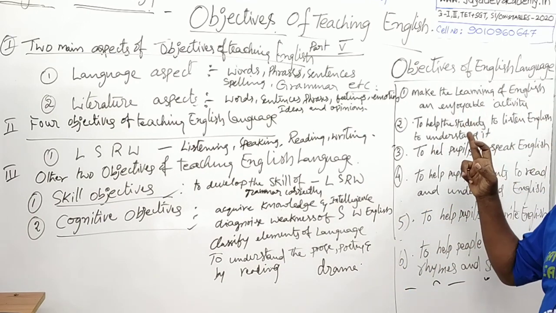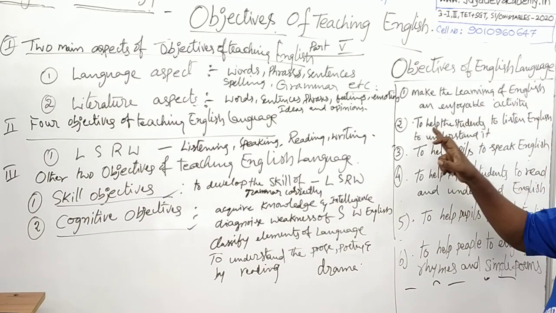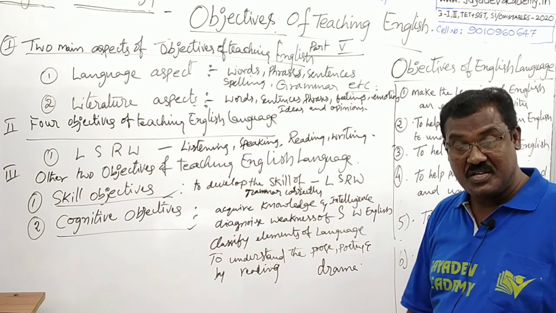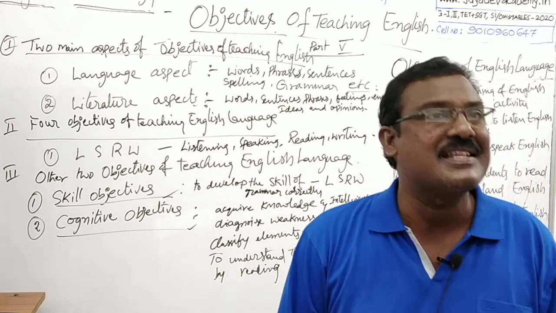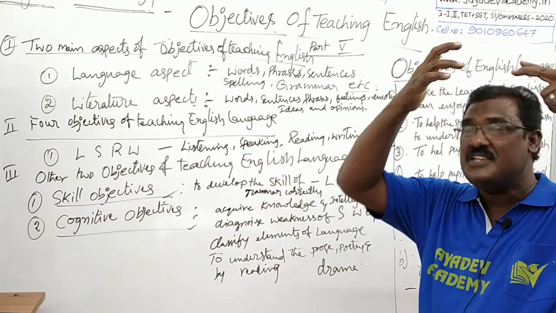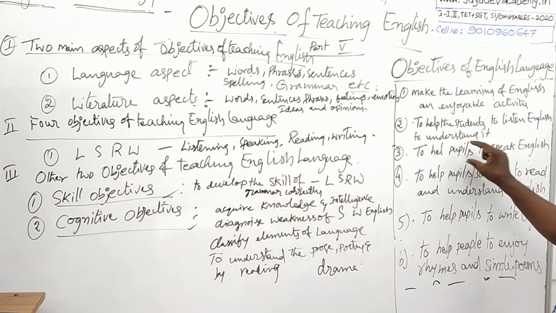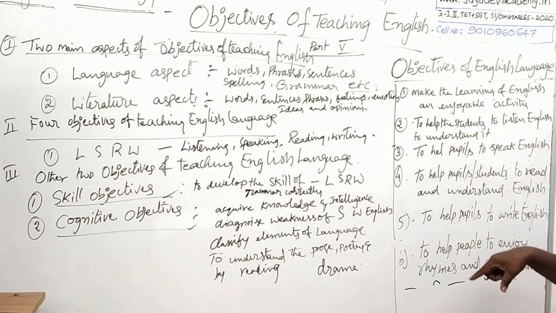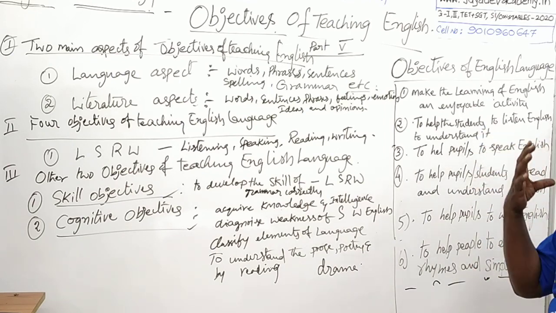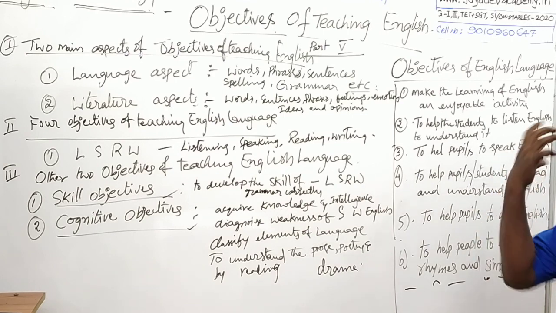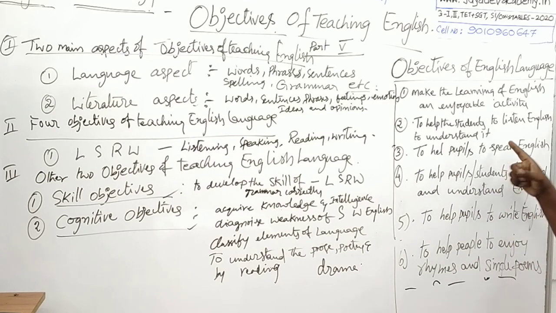An objective of the teacher should be attained: to help the students to listen to English, to understand it. Students should be able to listen to the topic carefully. He should decode in his mind the meaning of the different words used by the teacher in the sentences, and the meaning should come out from the sentence.